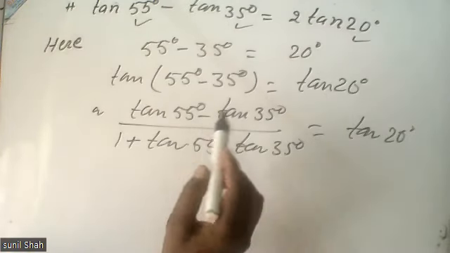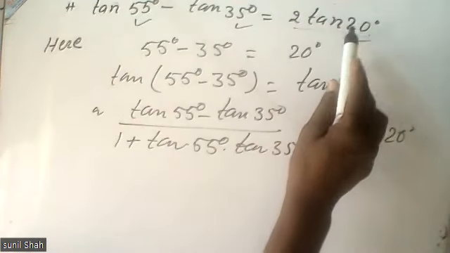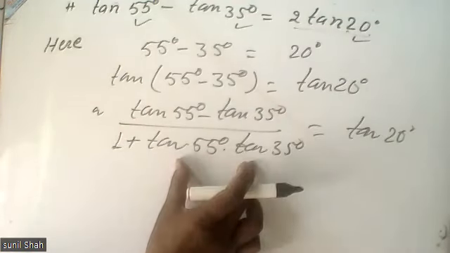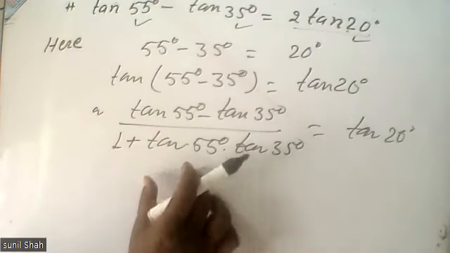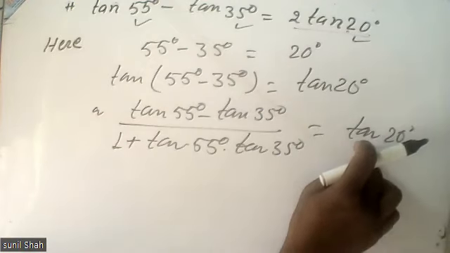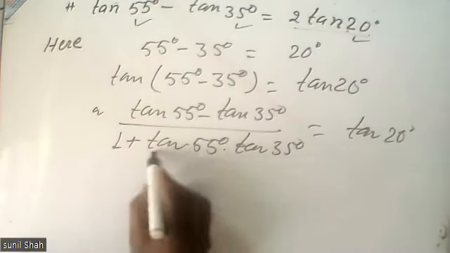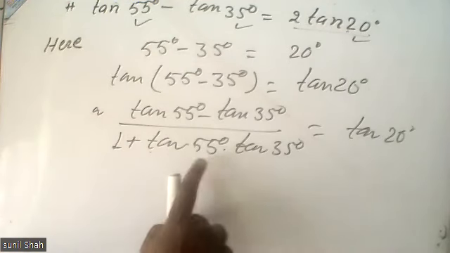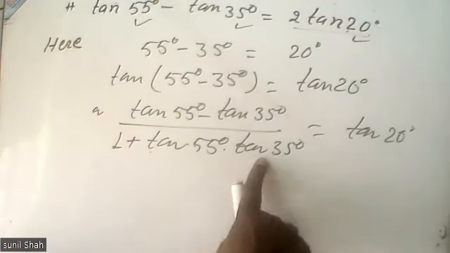We don't need this. We need 2 times tan 20. So this is 1 and this must be 1. So 1 plus 1 becomes 2. 2 gets multiplied by this, and hence the RHS will be obtained. See, this must be 1. Tan 55 into tan 35. 55 plus 35 is 90.